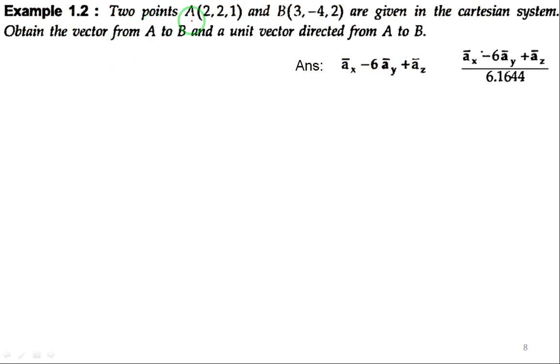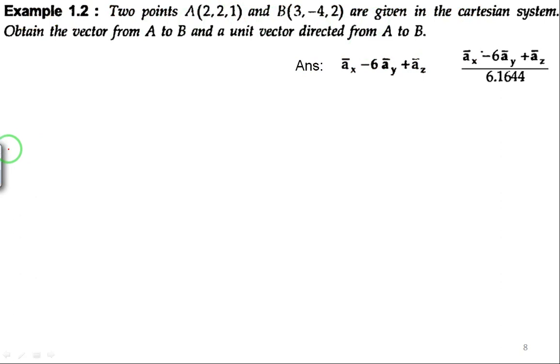Okay, next. The 2 points A and B, A of 2, 2, 1 and B of 3, minus 4, 2 are given in the Cartesian system. Obtain the vector from A to B and a unit vector directed from A to B. So let me look at the points A and B here. This is a distance vector.